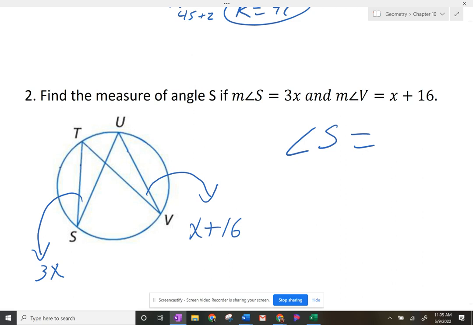Double check that. Okay, so this one set up great.